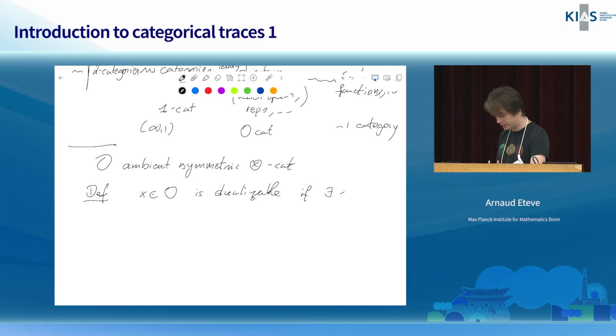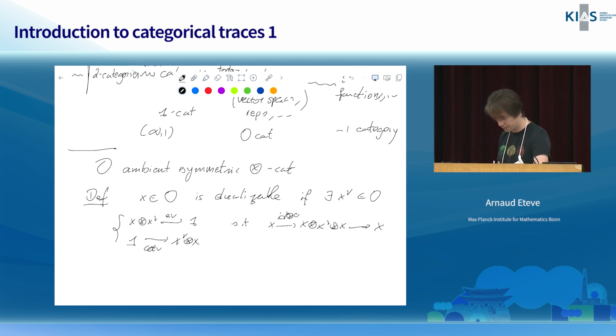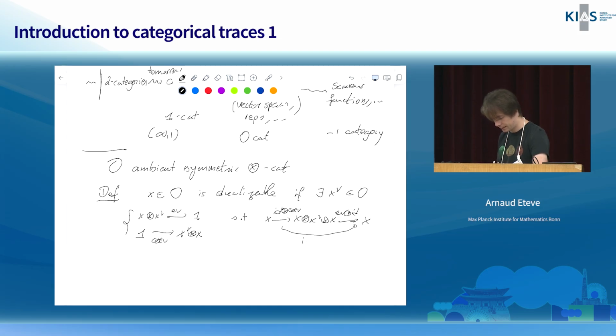X is dualizable if there exists an object X dual and a pair of morphisms: X tensor X dual to 1, the monoidal unit in the category, the evaluation, and 1 to X dual tensor X, the coevaluation, such that the compositions, X to X dual to X back down to X, where you do identity tensor coev and then ev tensor identity, is the identity, and the same for X dual.